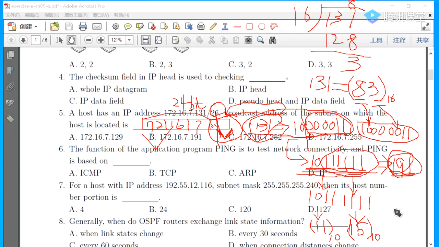So then we can get 11 times 16 plus 15. That is 191. Okay. It is very easy, right? Okay, so question 5, the answer is B.